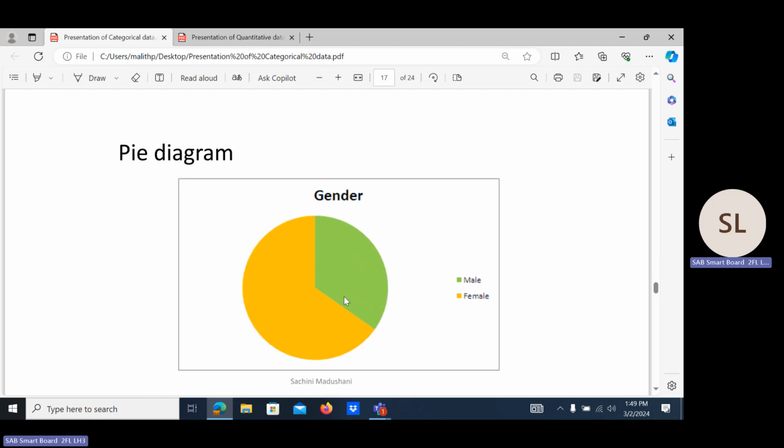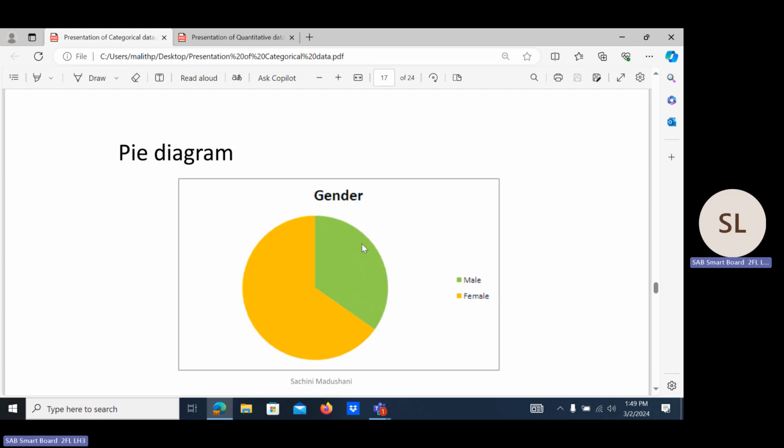The format is a circle. When we need to represent data using a pie chart, we draw a circle. The pie chart is probably the most illustrative way of displaying quantities as a percentage of the given total.